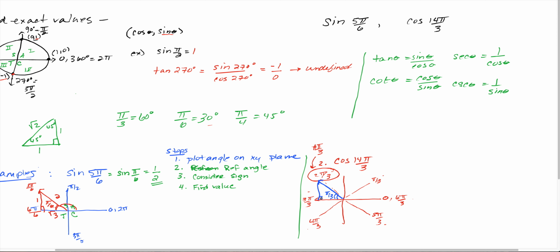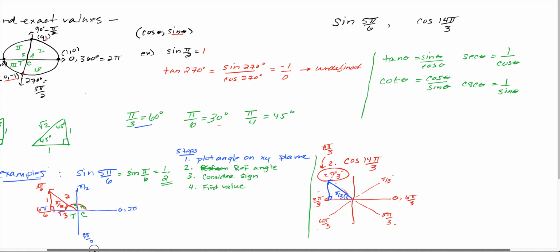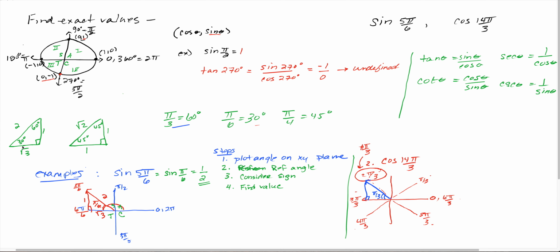So that's how I'm going to draw my triangle. Remember, pi over 3 is the same as 60 degrees. So remember, opposite 60 degrees is the square root of 3, if you look at our triangle that we drew over here. So opposite this would be the square root of 3. The hypotenuse is 2, which makes this 1.